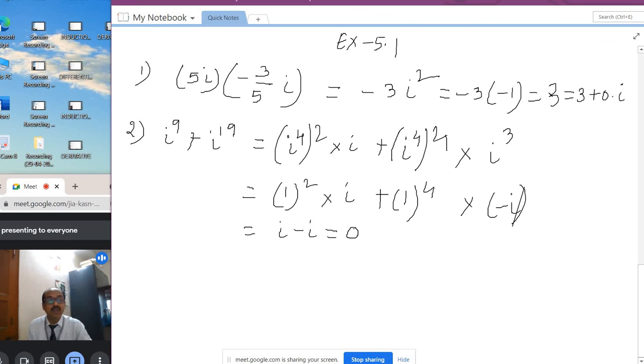And number 3 is i to the power minus 39. So we can write 1 by i to the power 39. This equals 1 by, take i to the power 4 always.